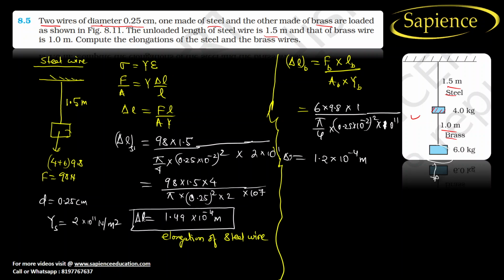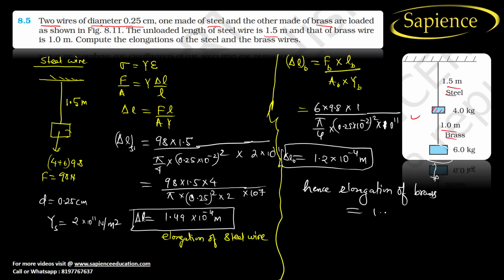So this is the elongation of the brass. Hence, the elongation of brass is equal to 1.2 into 10 to the power minus 4 meter. I hope you have got this.